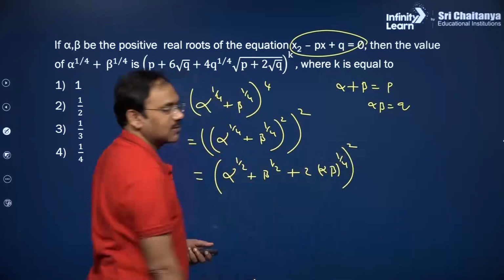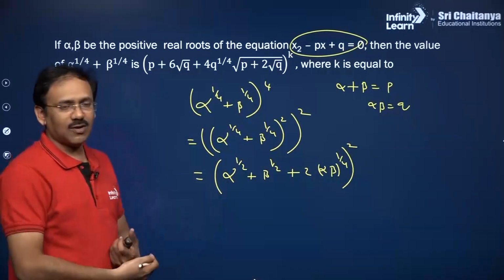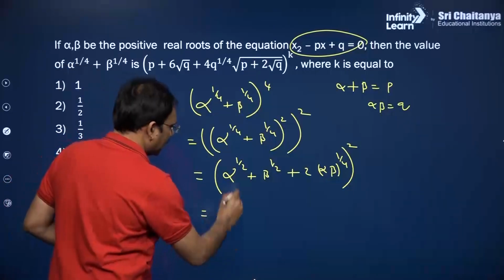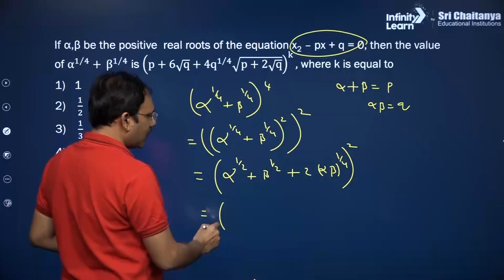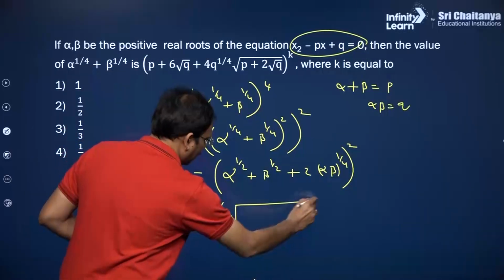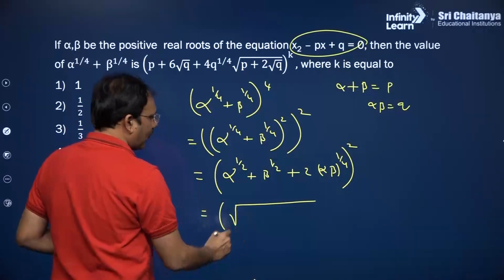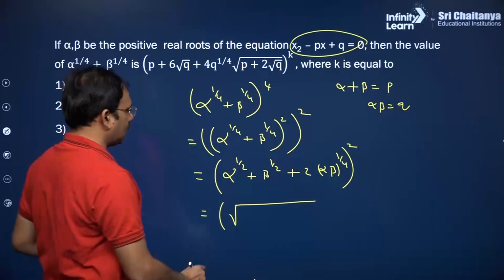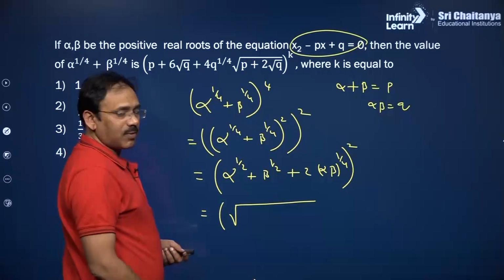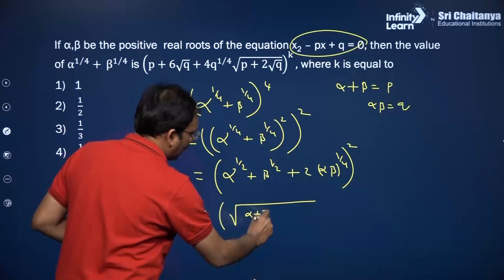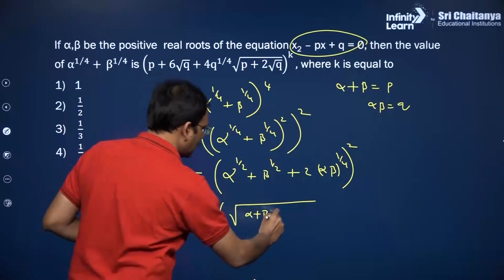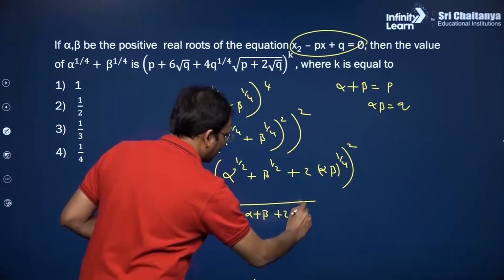Now this part we can write, you see here, this is alpha power 1 by 2 plus beta power 1 by 2, we can write like this is square root of alpha plus beta whole square, which is alpha plus beta plus 2 into alpha beta power 1 by 2.